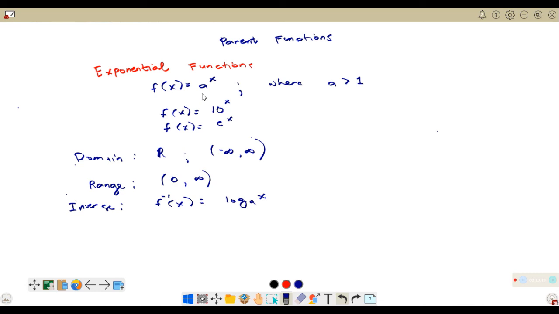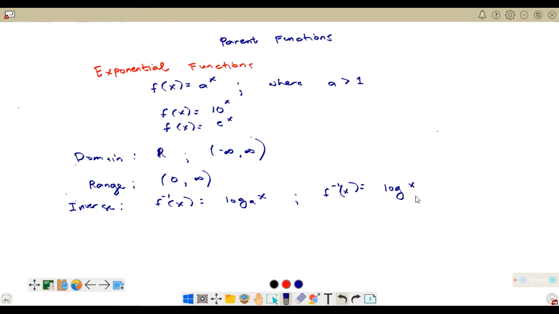And also on your module, I also included the inverses for f of x is equal to n raised to x and f of x is equal to e raised to x respectively. So, sulat na rin natin siya dito. So, the inverse of the exponential function with base 10 will be the logarithm of x na lang.